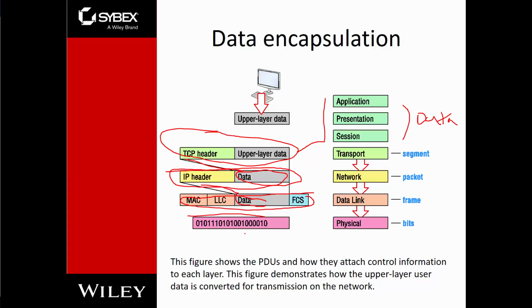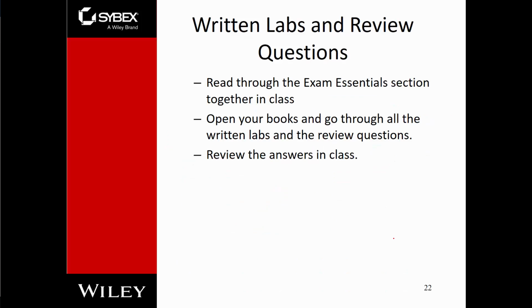And then lastly, we have bits. So each one of these layers, the data portion normally is the entire PDU of the layer above it. So read through the exam essentials sections together, look through the questions in the back of the book, and that's actually it for this chapter.